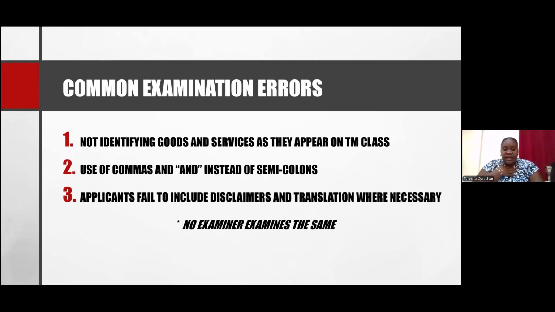Not only that, but there is also incorrect use of commas instead of semicolons. Sometimes we find them just using commas to separate goods and services. However, that is not the appropriate way to go about it, so we would then replace them with semicolons.